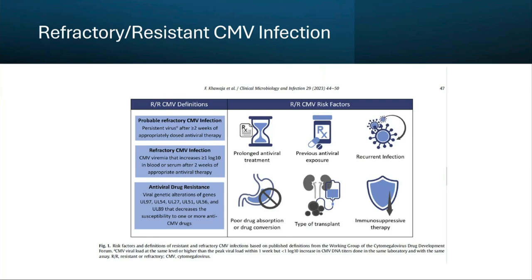The number might look better, but I might get concerned because that expected reduction of 1 log did not happen, right? So again, look at the numbers, but calculate your log to make sure that your patient is appropriately improving.